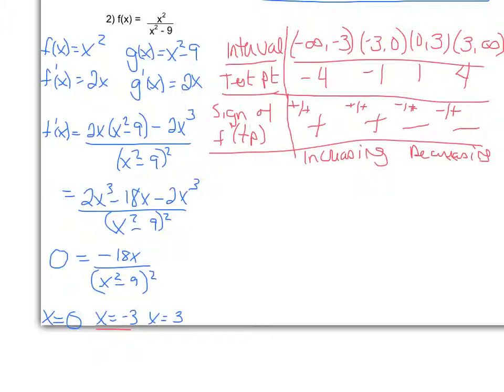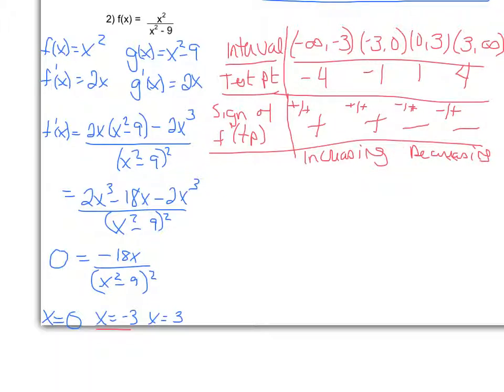Now, as you've seen before, if you think of something as basic as a linear function, it is always either increasing or decreasing. So I do not have to change from increasing to decreasing or from decreasing to increasing. I can be one all the way across. So notice that nothing's happening at negative 3 because I'm remaining increasing, and nothing's happening at 3 because I'm remaining decreasing.